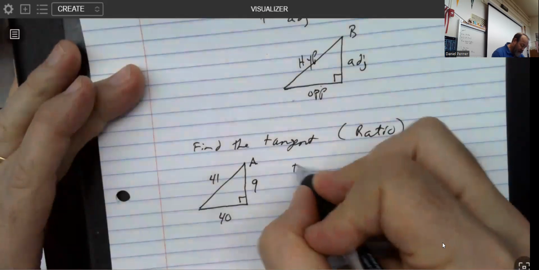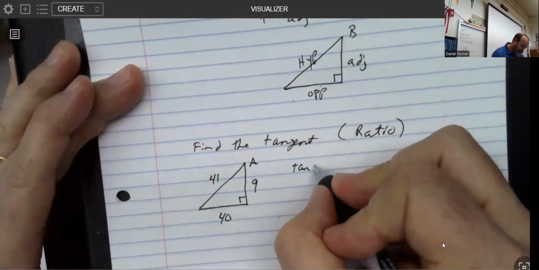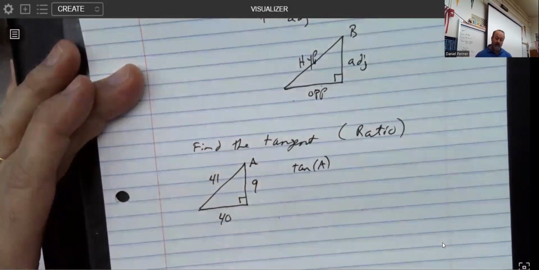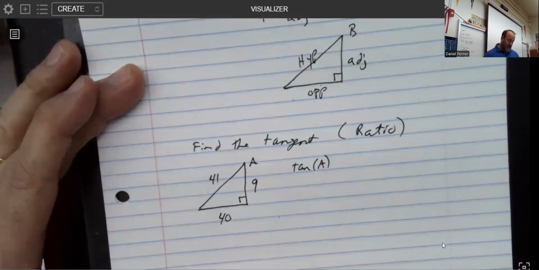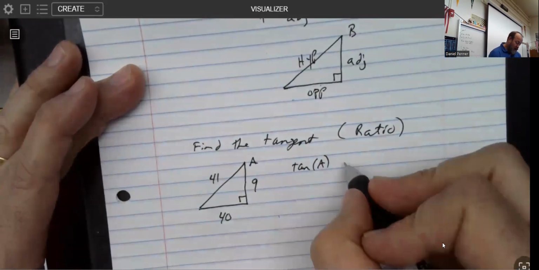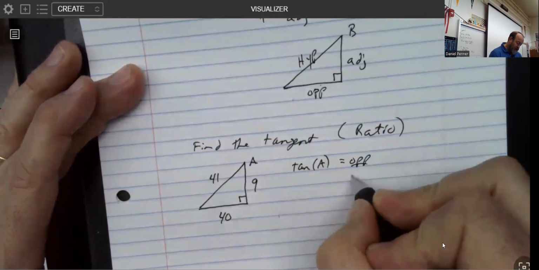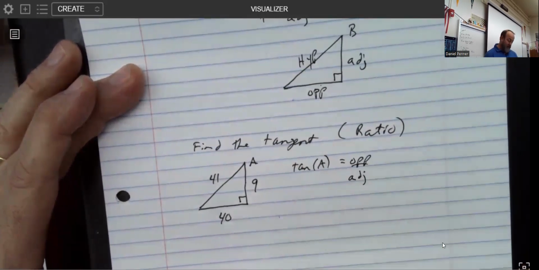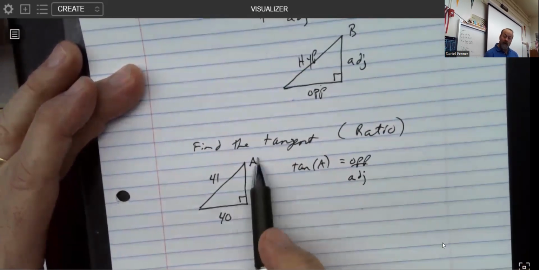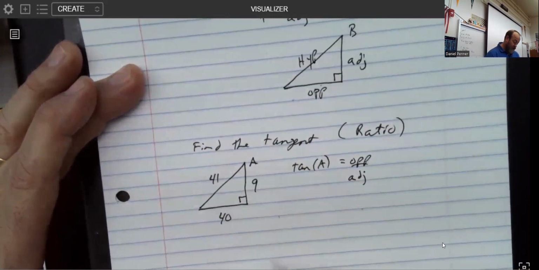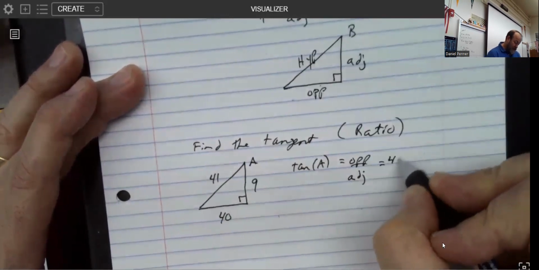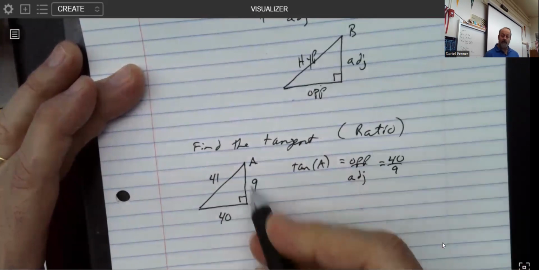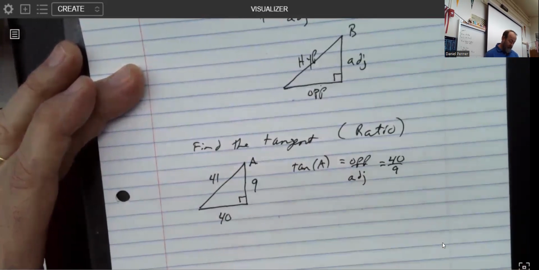But if I wanted to find the tangent of A, the definition of the tangent is the ratio of the opposite to the adjacent. It is the opposite side divided by the adjacent side lengths. From A right here, the opposite side, the faraway side, is 40. The adjacent side is the close side, which of course is 9.